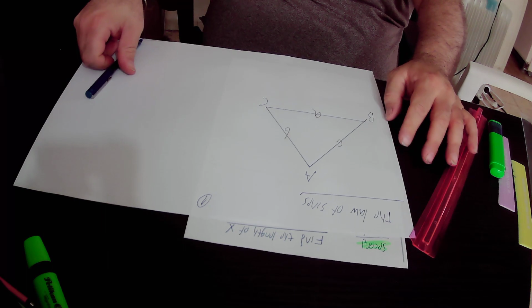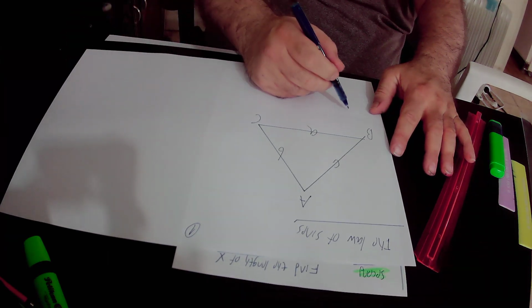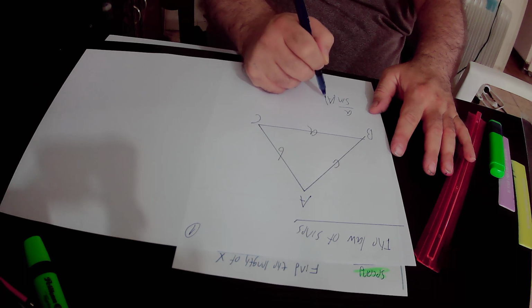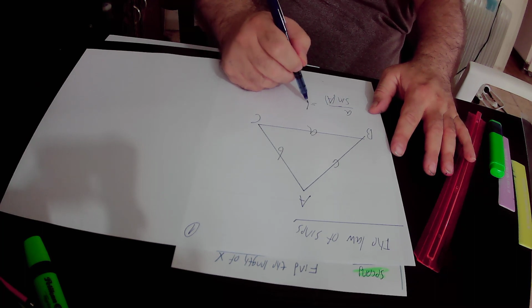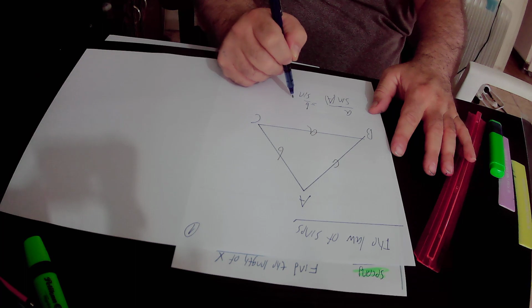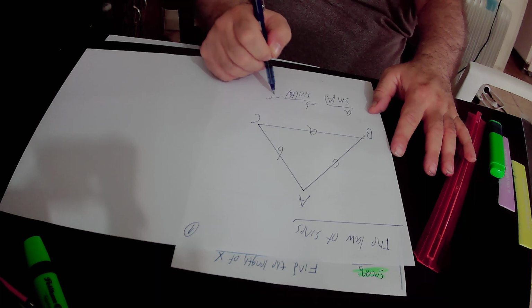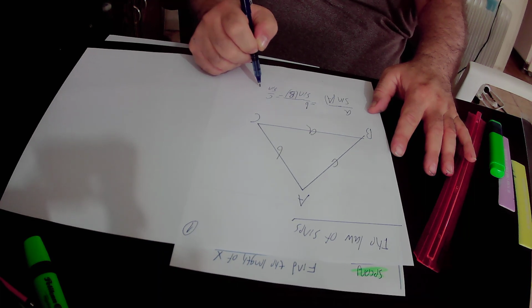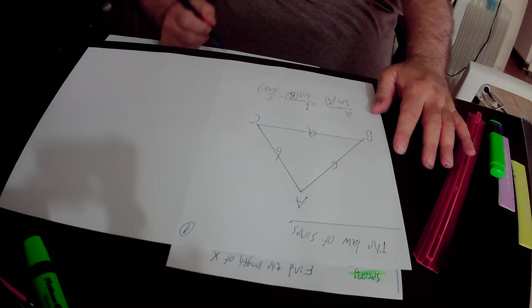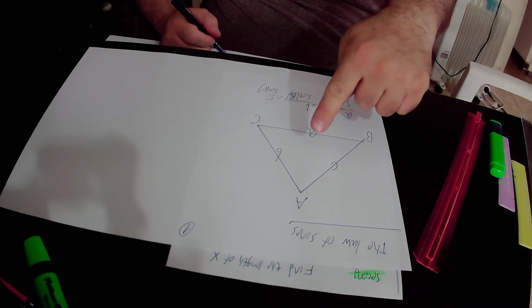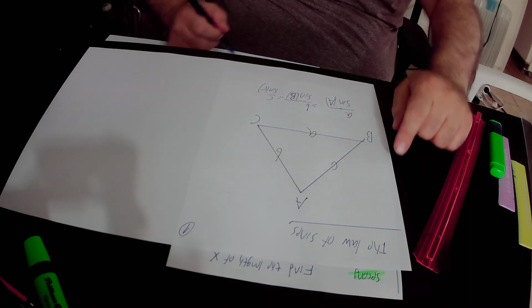Then according to the law of sines, we get that A over sine A equals B over sine B, that is equal to C over sine C. Here capital A is the size of angle BAC, this angle.